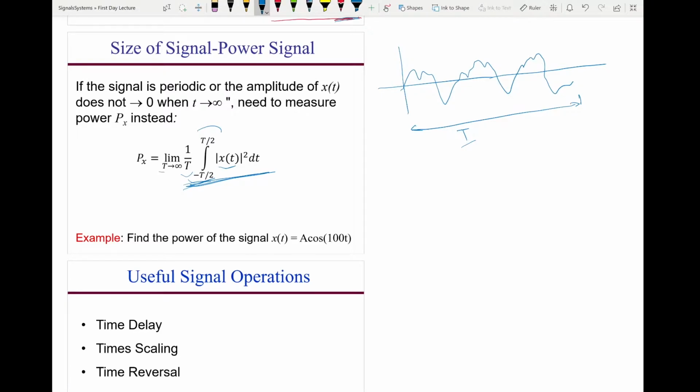And the limit as T goes to infinity basically says the longer you make capital T the period, the more accurate is your answer. So let's solve this example. This is a pure sinusoidal signal. If I plot it, it looks like this.